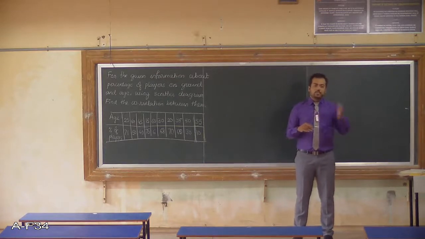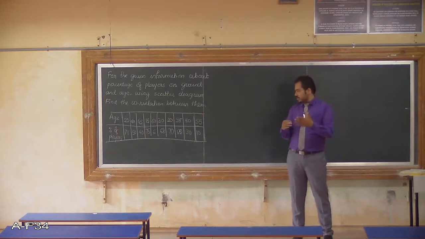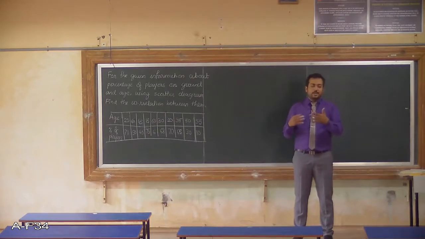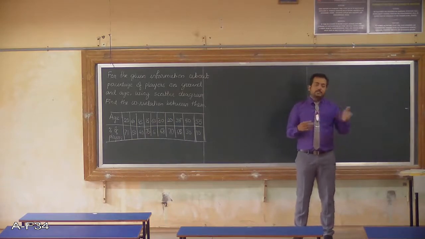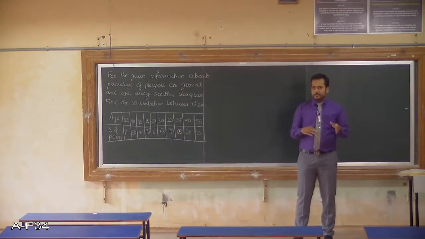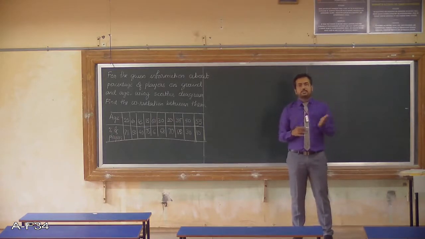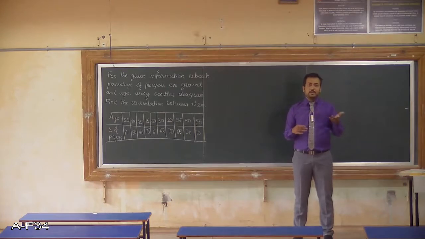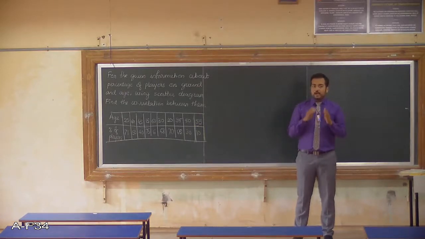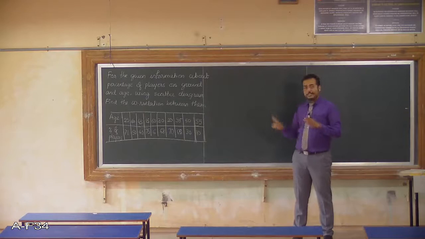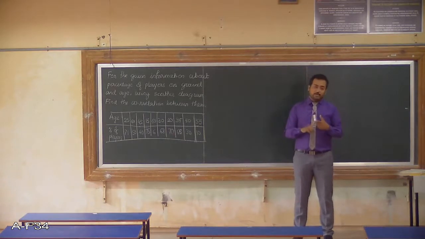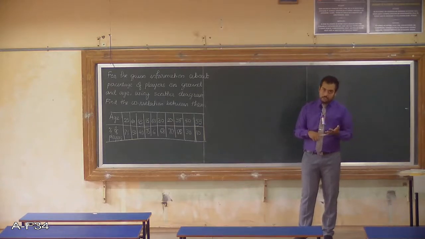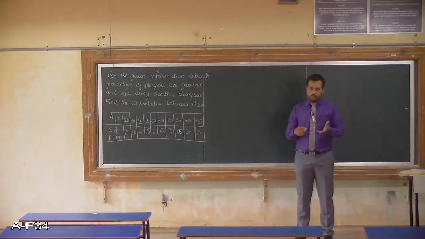As you age more, fewer people actually play on ground. So you may expect that if age increases, the percentage of players may decrease. We may expect a negative correlation as per real facts, but we have to take into consideration only the data which is given. Considering these values, we have to find out whether there is any correlation, and if there is, which kind.